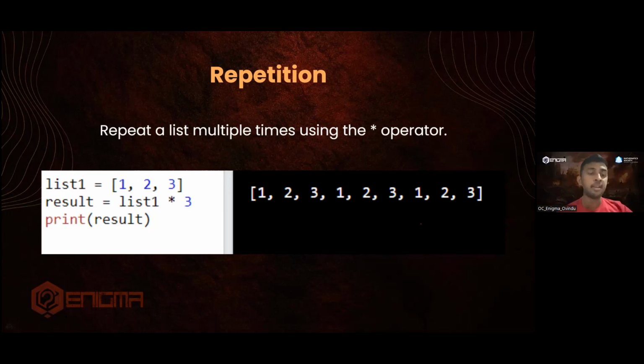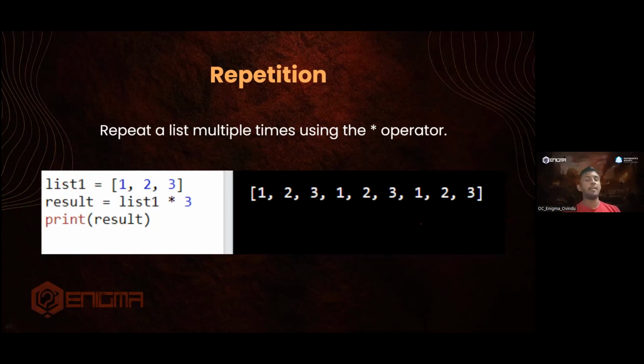So you can see here, when we have list 1 with the elements 1, 2, and 3, by multiplying list 1 by 3, we can get a new list which has 1, 2, 3 repeated 3 times in a row. So again, I will give you a minute to try out this operation, and raise your hands once you are done.